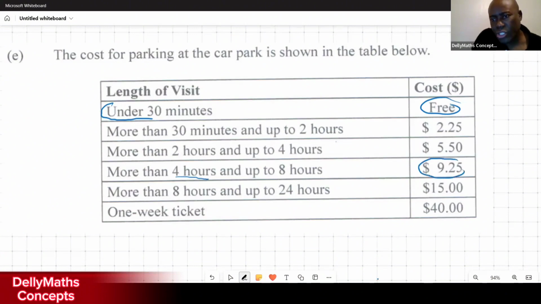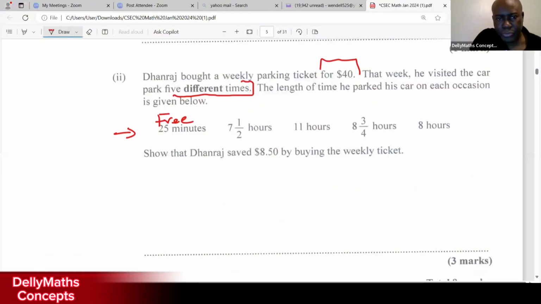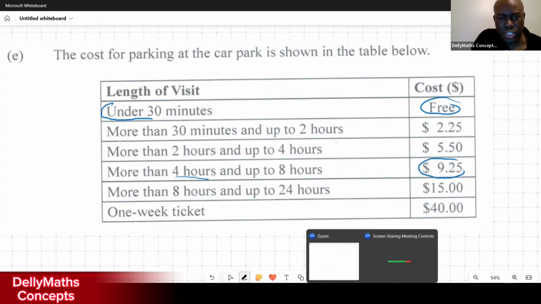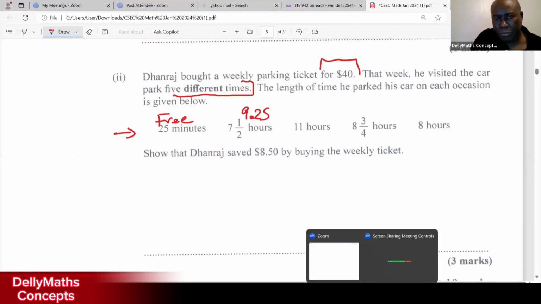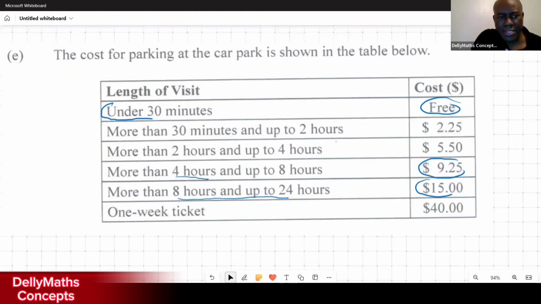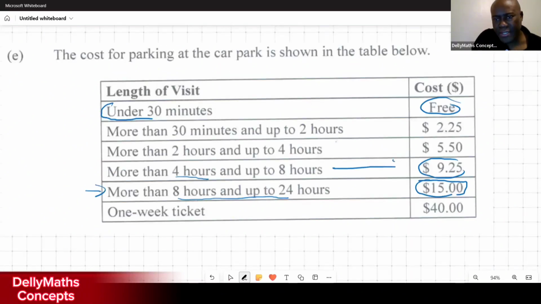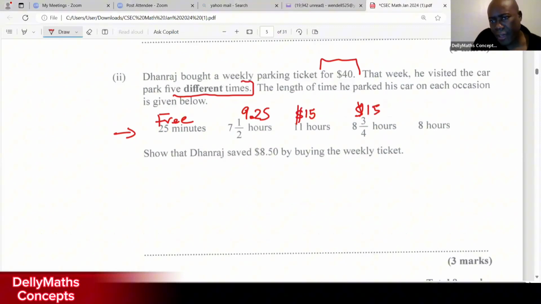So this is $9.25 for that time. 11 hours would have fallen in the 8 to 24 hours category right here, and that's $15. 8 3/4 of an hour is in this same category, which is $15 again. 8 hours would have landed in the 4 to 8 category, which is $9.25.